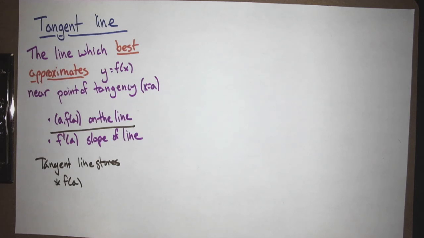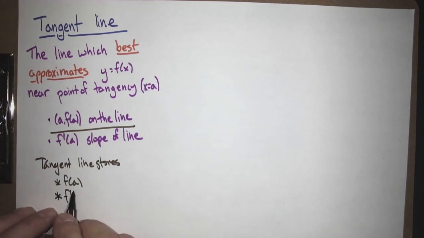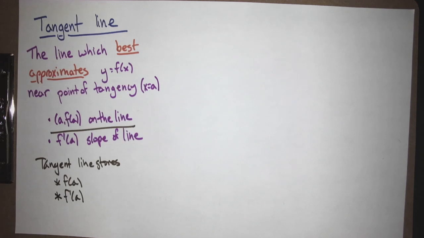If your x-coordinate is A, your y-coordinate will be f of A. So your tangent line is storing the value of the function at A. And then it says, but I can do more, because the line has a slope and an intercept, so there are two pieces of information. One is the value of the function at that point. The other is the value of the derivative at that point, your instantaneous rate of change.